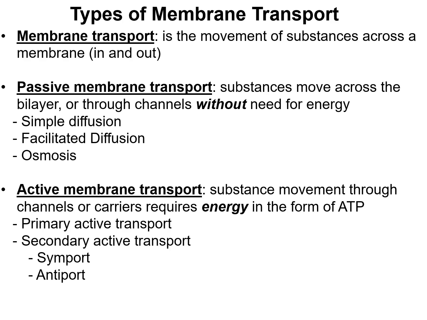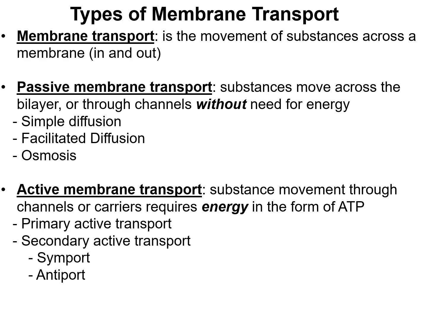And it usually does not require energy. The energy that causes diffusion is the energy from the normal kinetic motion of matter. We can subclassify this mechanism into simple diffusion, facilitated diffusion, and osmosis. And we are going to cover all of these subtypes in the next few slides.